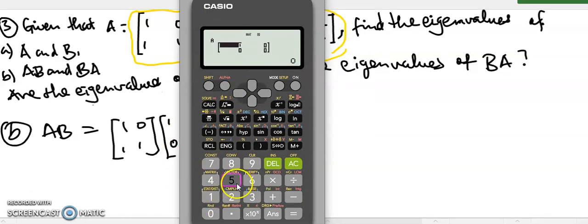Here for matrix A we have 1, equals, 0, equals, 1, equals, 1, equals. Confirm the values, 1 0 1 1. That's what we have in matrix A. Let's go back to matrix.